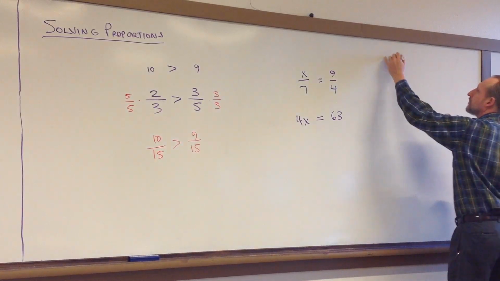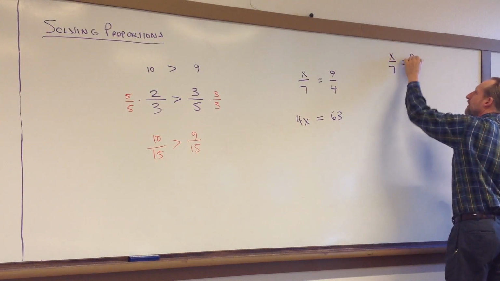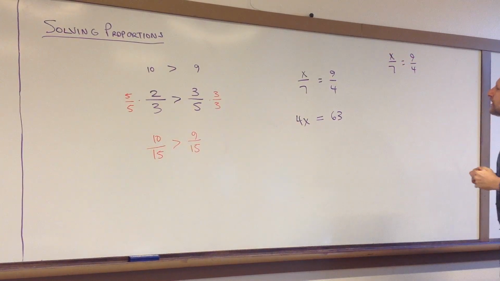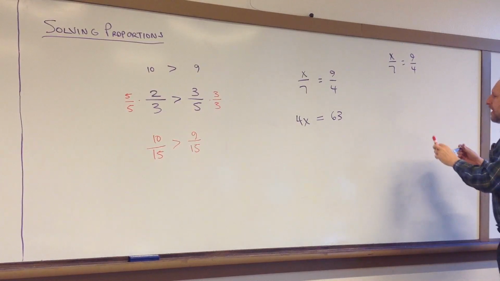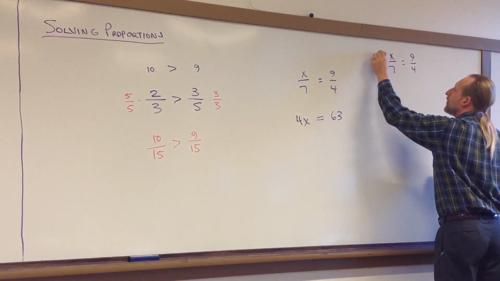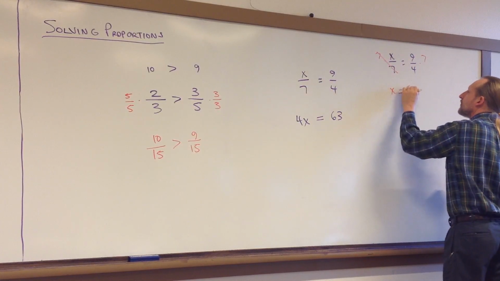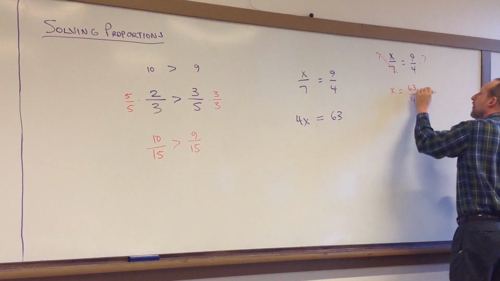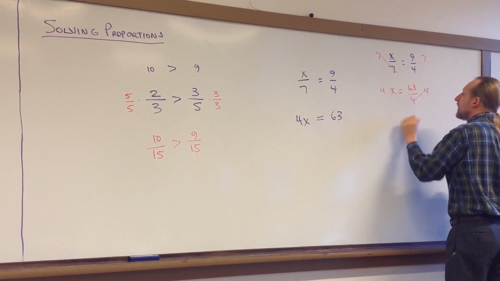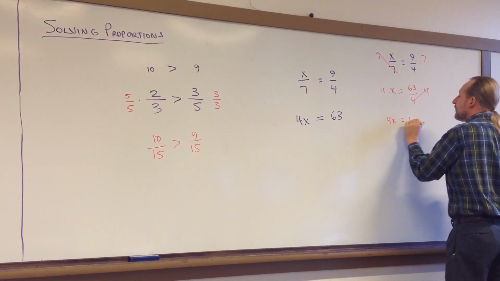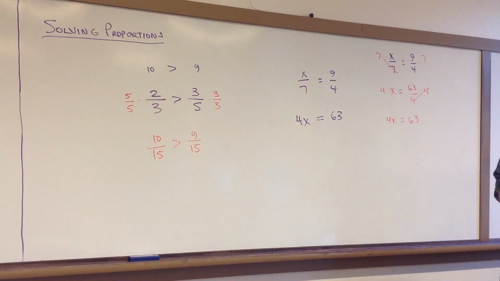I'll do the long version of that over here. So the long version of that is that we'll multiply by 7 on both sides. And that'll give us x equals 63/4. And then we can multiply on both sides by 4. And there's our 4x equals 63.